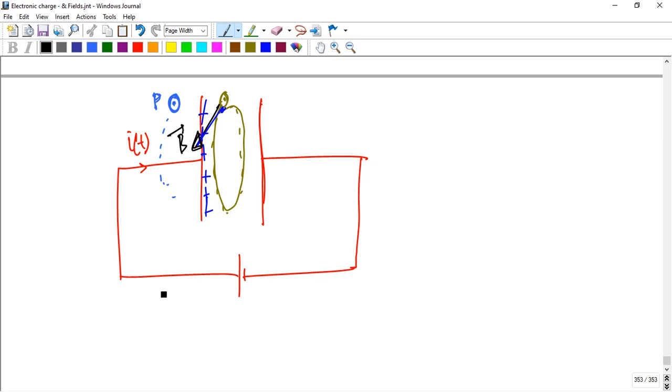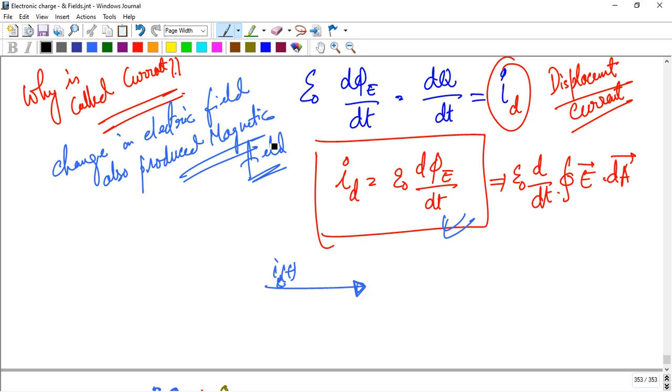So the change in electric field also produces a magnetic field. The change in electric field, d dt of E, with epsilon naught multiplied by some area A, gives a current, the displacement current.